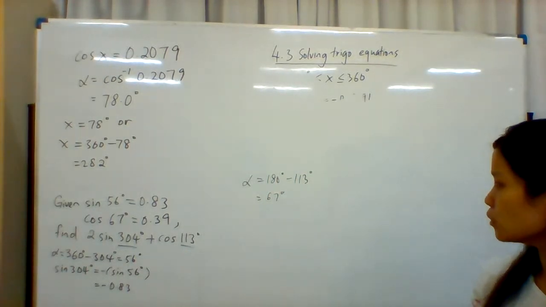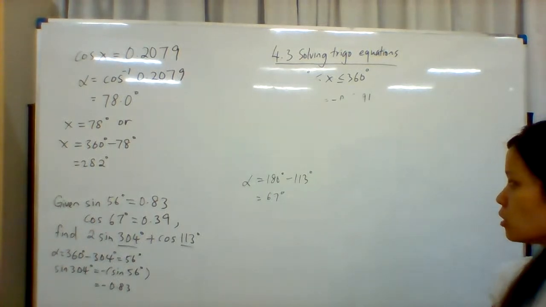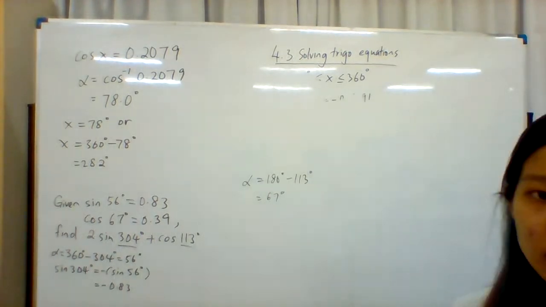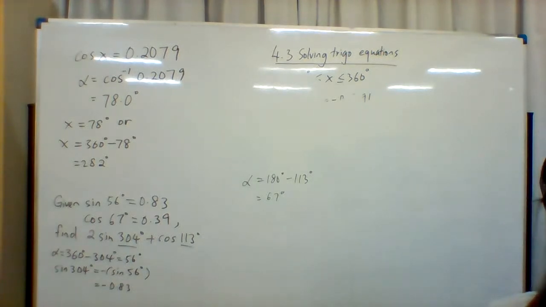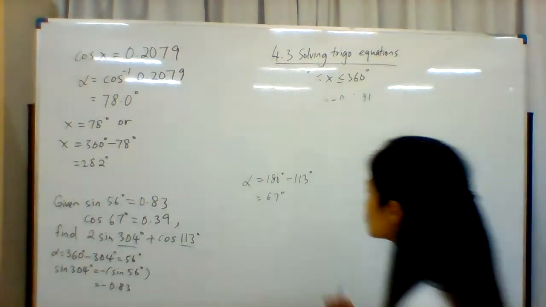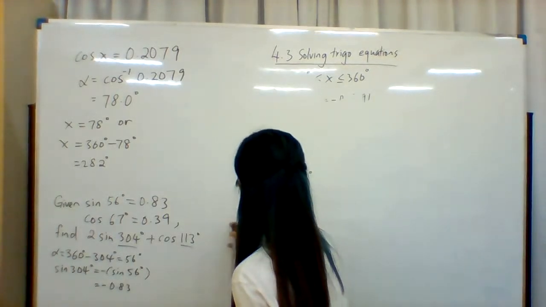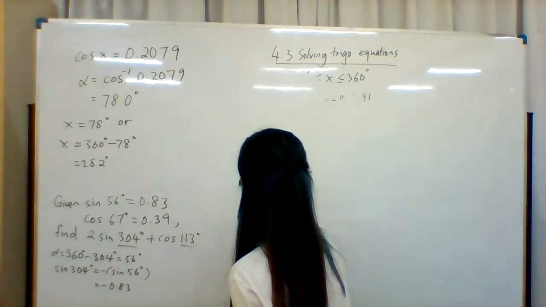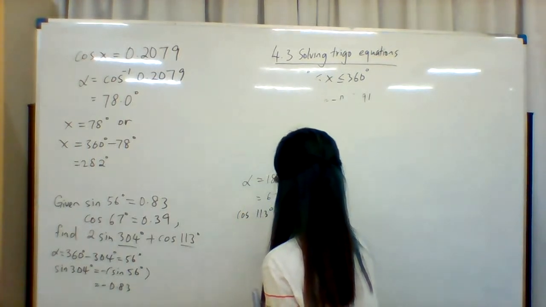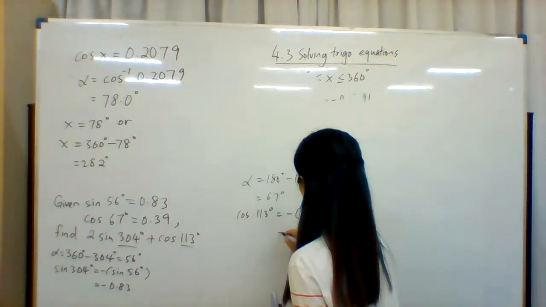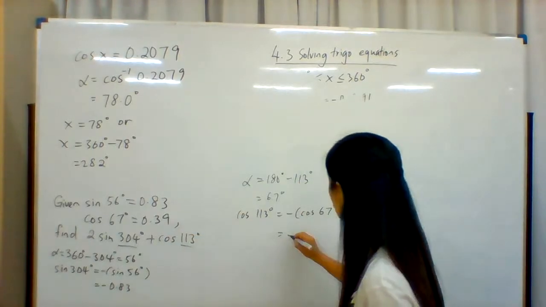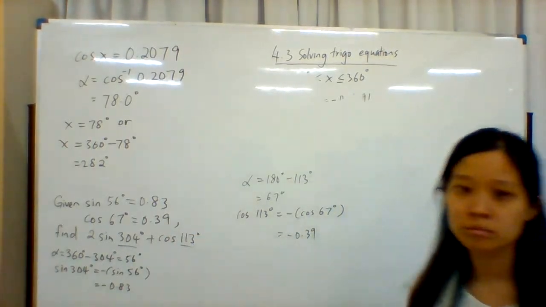So because you want to compare it to your basic angle, you need to know cos in that quadrant, the second quadrant, is it positive or negative? Negative, right? So you're given the value here, negative 0.39.